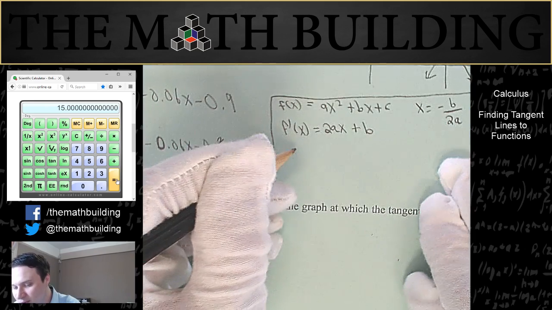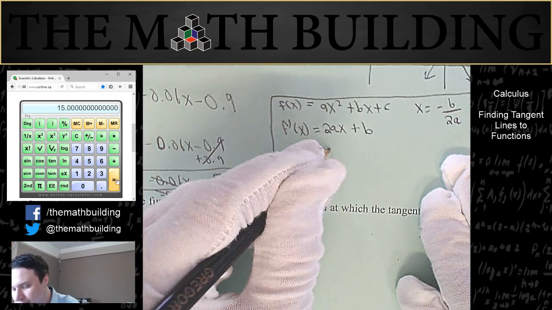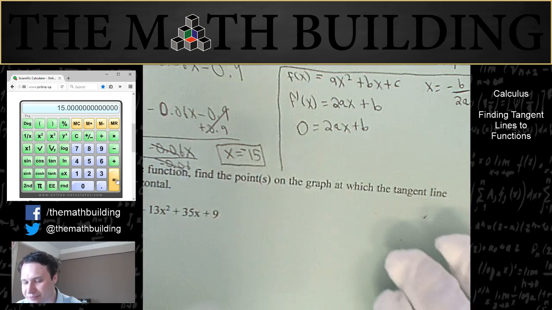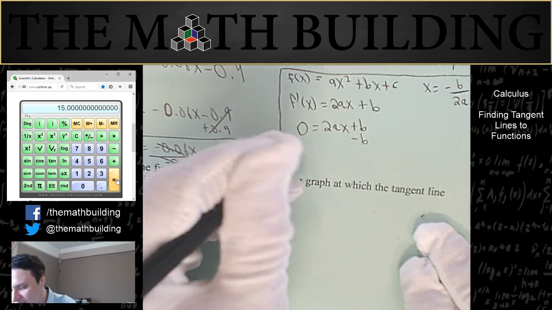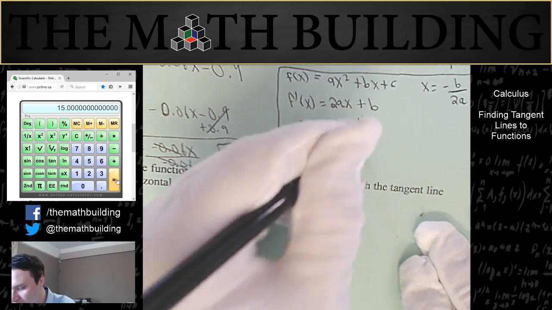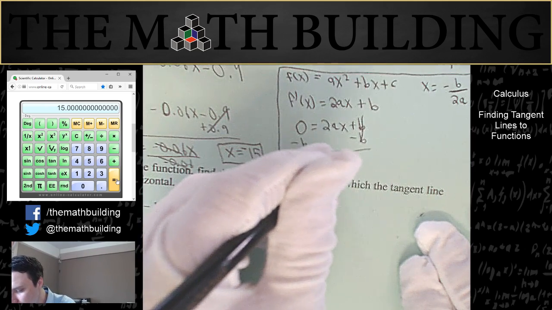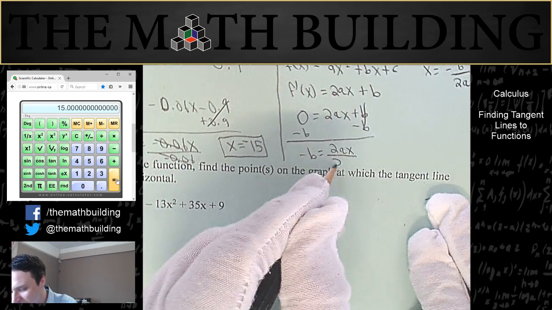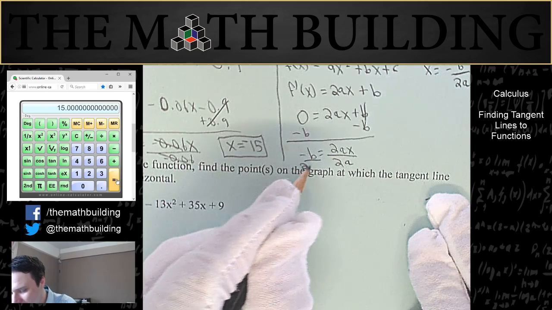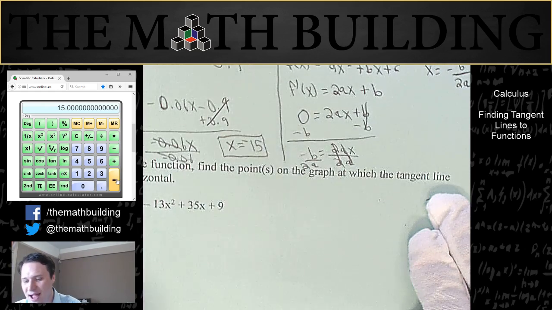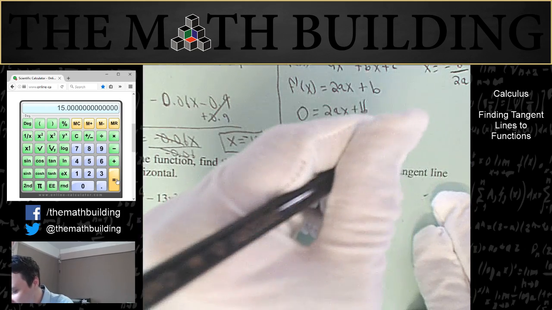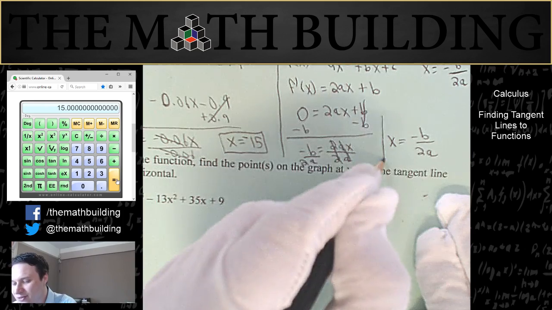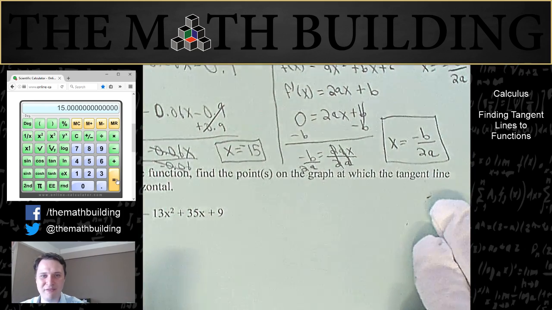And so if I plug in a 0 right here, I get 0 equals 2ax plus b. And if we just solve this for x, subtract b on both sides, you get negative b is equal to 2ax, and divide both sides by 2a. And so you get x is equal to negative b over 2a. And so that's the x part of the vertex.